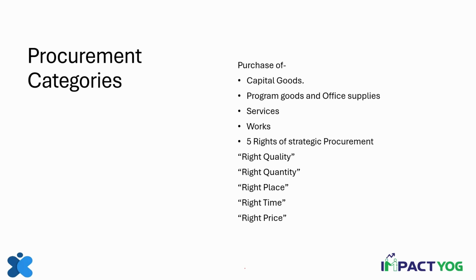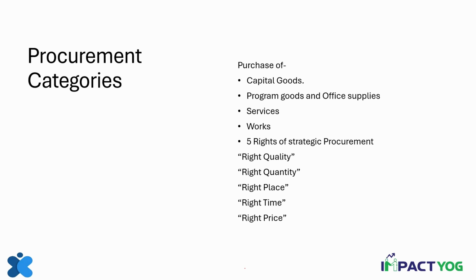All that is nothing but services that you are buying from the open market of people who are capable and have the requisite expertise and experience to deliver those services. So basically, in a not-for-profit organization, we either purchase fixed assets, we purchase inventory, and we purchase services. Of course, we also have procurement of works, which is not a regular feature. Okay, that is what I want to say.